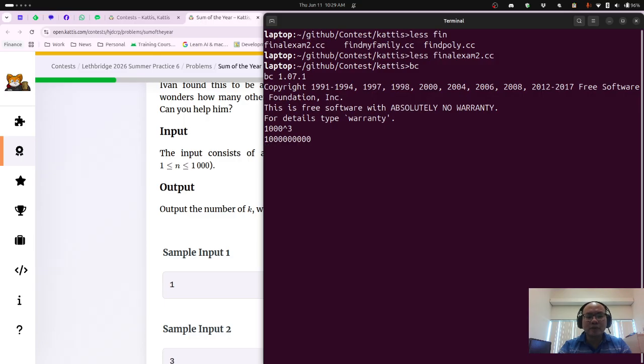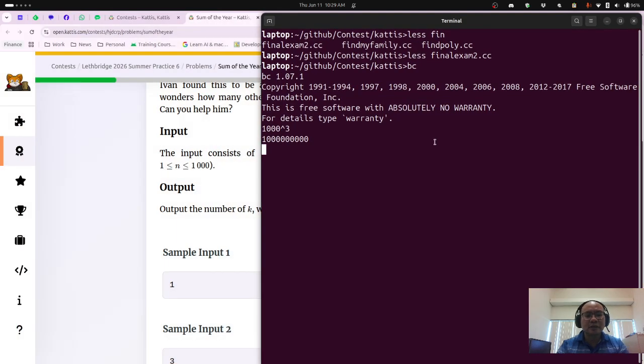Okay, 1 billion should cause you to pause a little bit because the standard 32-bit integer limit is roughly 2.147 billion. So if you were to add up a few of these, it's already over the 32-bit integer limit.